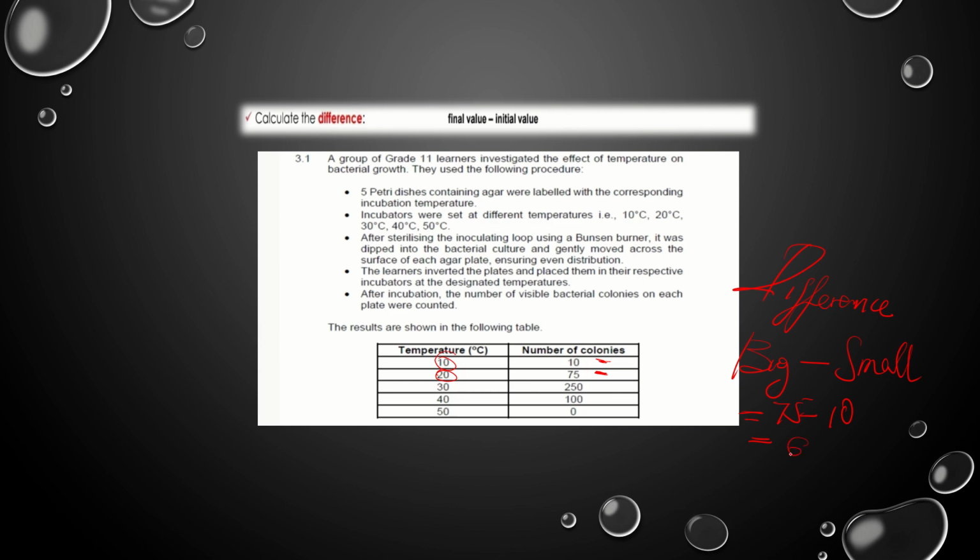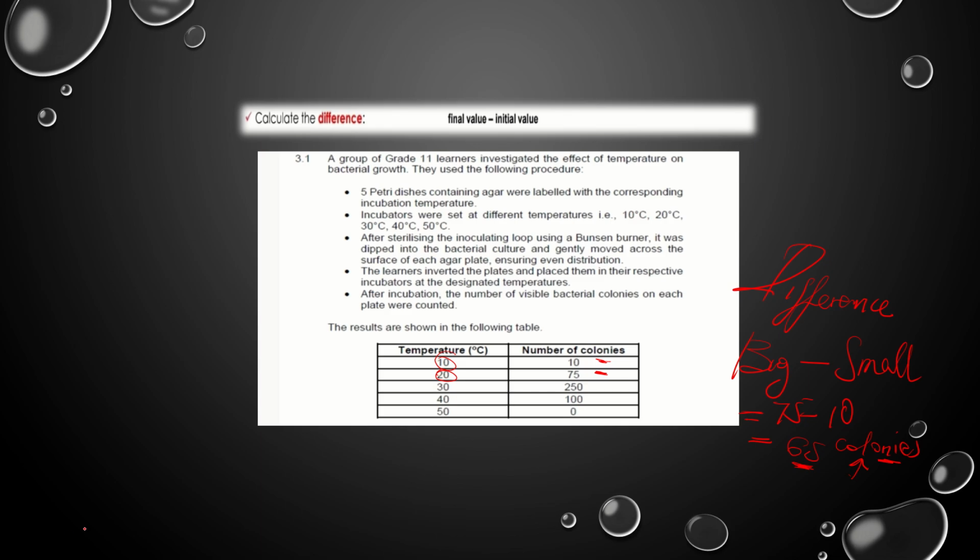It equals 65 colonies. And always include the SI unit. You always have to include what? The SI units. This 65 represents the number of colonies in the petri dish, the difference between 10 degrees Celsius and 20 degrees Celsius.